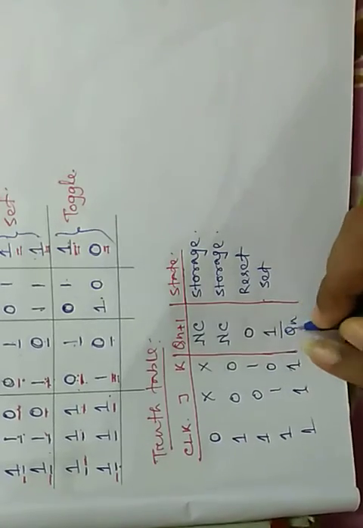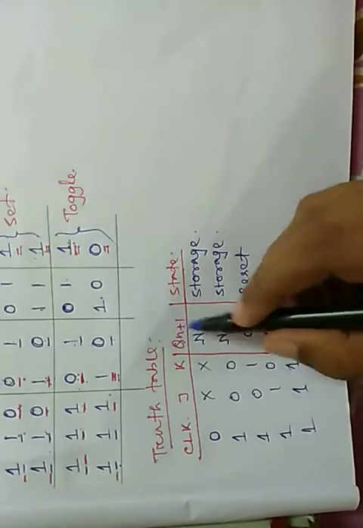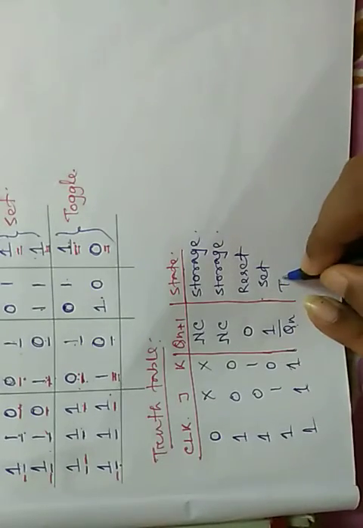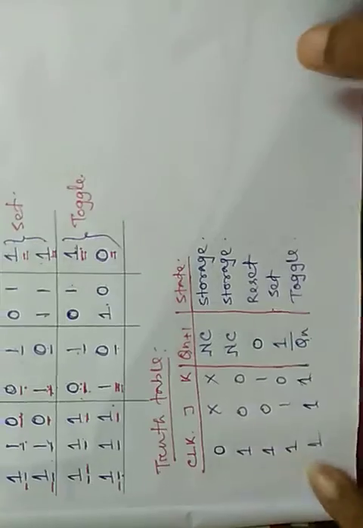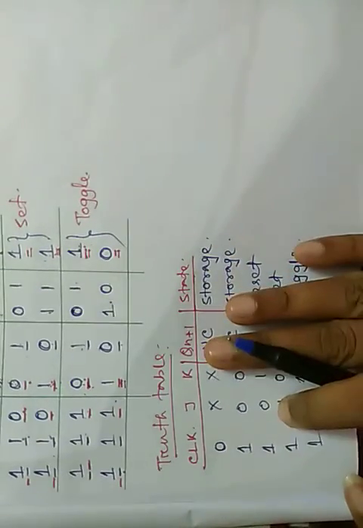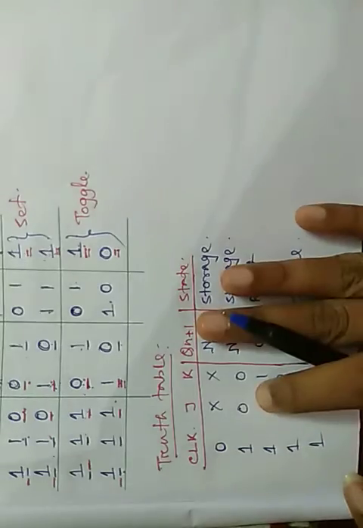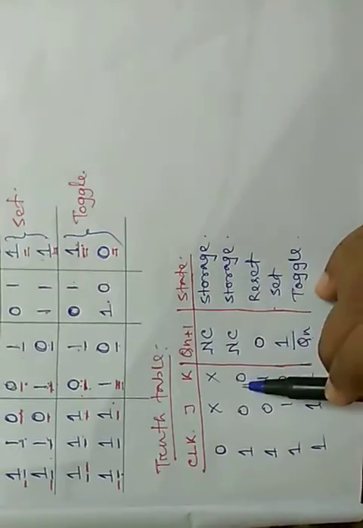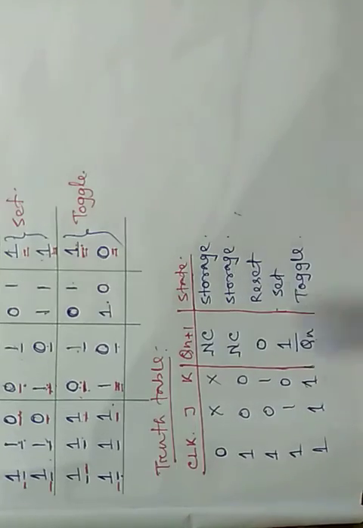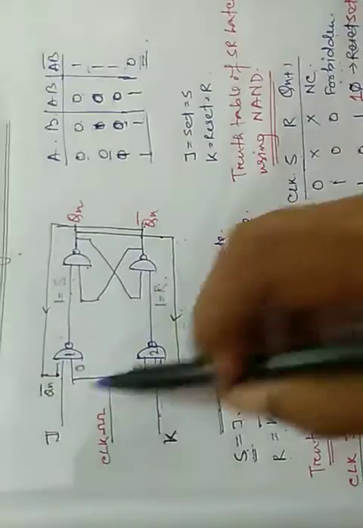Whatever be the value of Qn, we get the reverse value in Qn plus 1. This state is known as toggle state. Okay. So the truth table of JK flip-flop using NAND gate is same as the truth table of JK flip-flop using NOR gate. Only the circuit diagram is the difference.